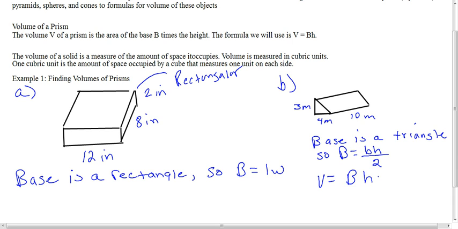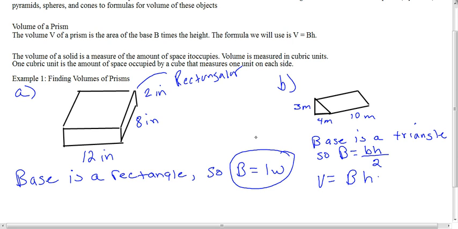So when we look at finding the volume of this measurement, we must first take a look at what is the area for this two-dimensional face. And we know that the formula for this area is length times width.